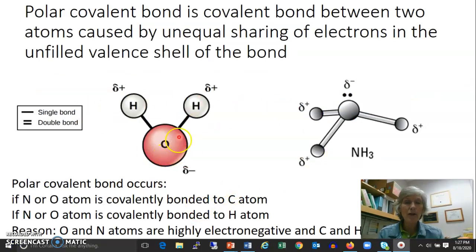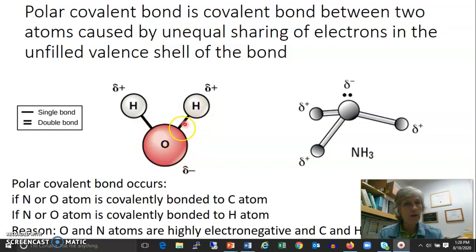A polar covalent bond is an unequal sharing of electrons. A water molecule is an excellent example. Please remember that these solid lines are showing the sharing of electrons from this hydrogen atom to this oxygen atom, and so that's represented by a solid line. Because there's an unequal sharing, the little electron being shared by the hydrogen tends to circulate around this oxygen atom more, allowing it to seem like the electron is living over here more than over here.